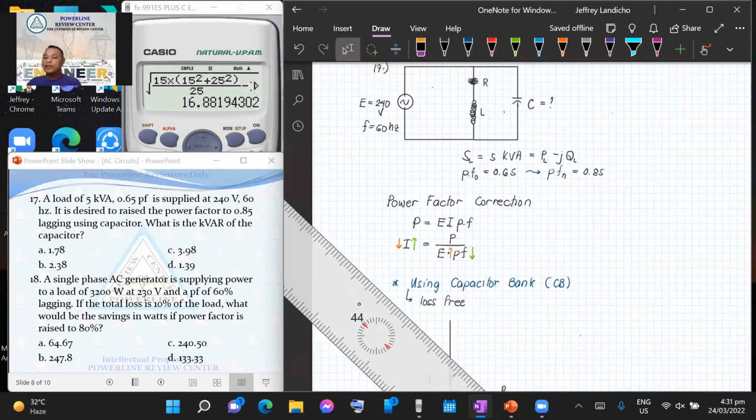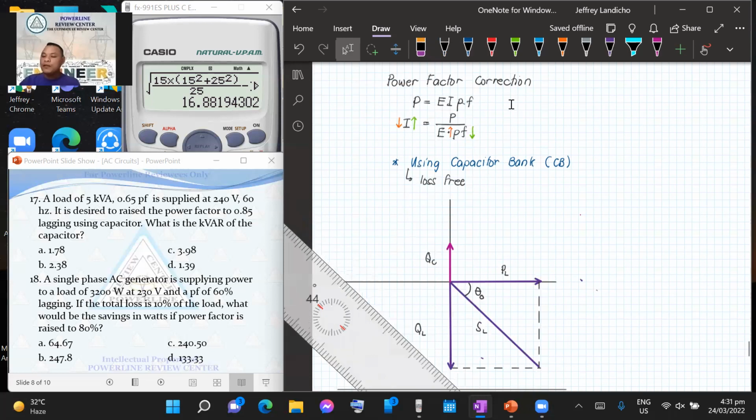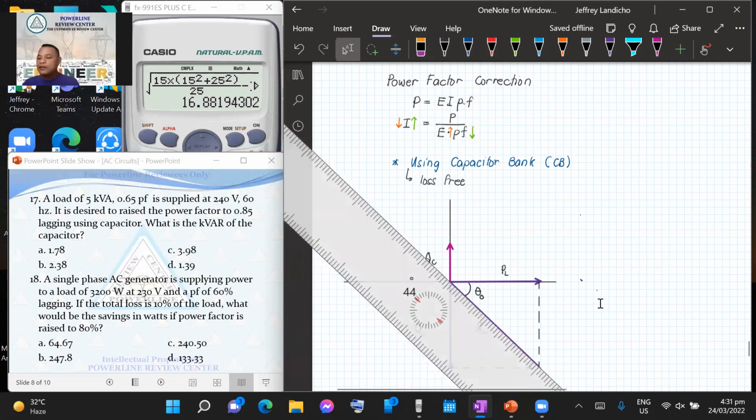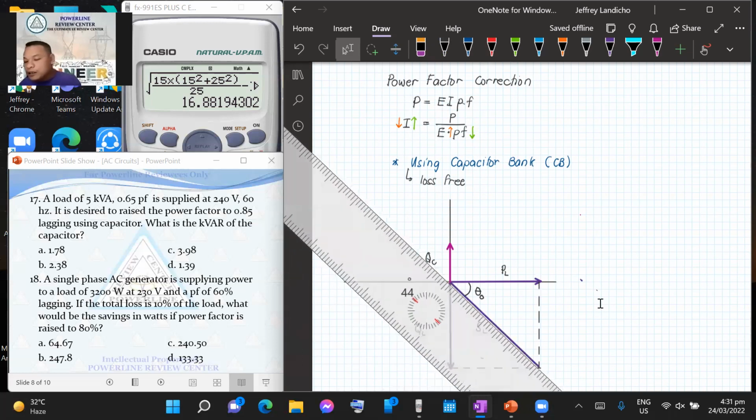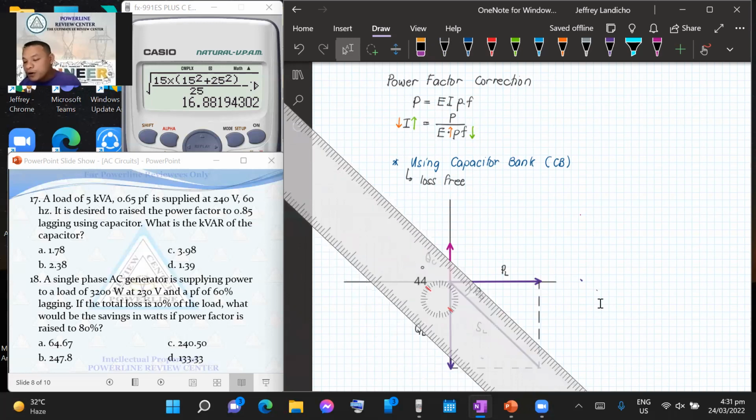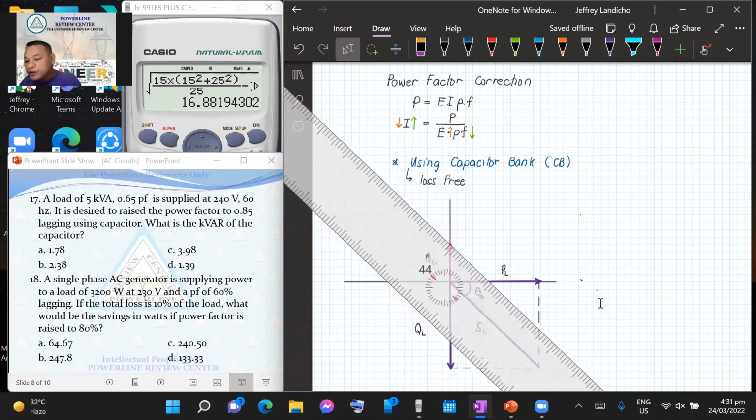Yung ating load at capacitor bank are just connected in parallel. Tandaan natin, power is always additive. Paano natin i-add? You may add only reactive to reactive, or simply, ipo-project lang natin itong ating apparent power sa dulo ng ating reactive power ng ating capacitor bank.